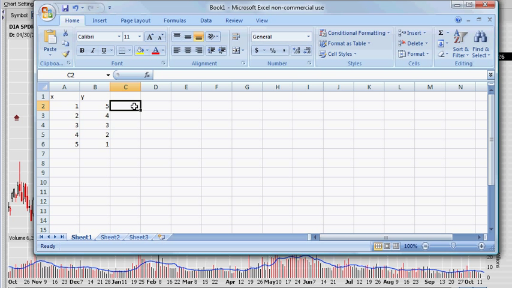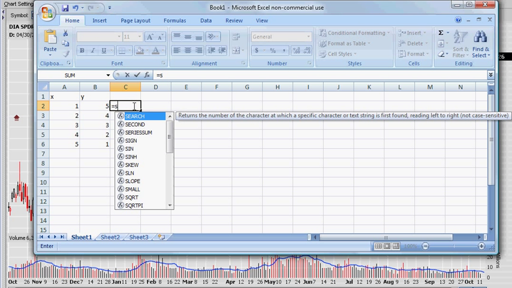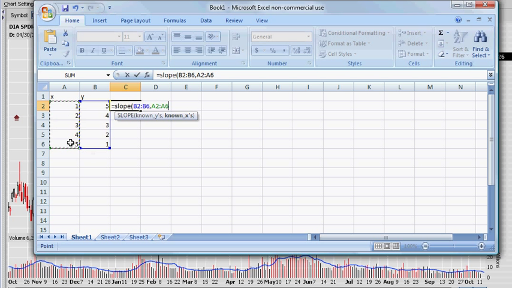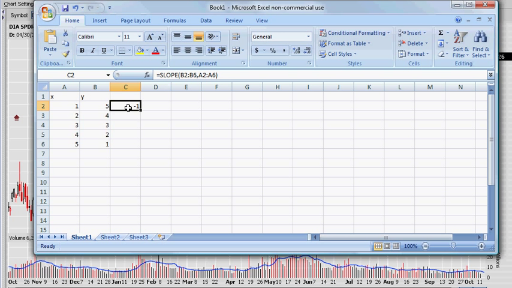So to get the slope of the linear regression, we're going to use the Excel function SLOPE, then start a parenthesis, and it says known y's, comma, known x's. So we highlight the known y's, then comma, then we highlight the known x's, then end parenthesis, and we see the slope equals -1.